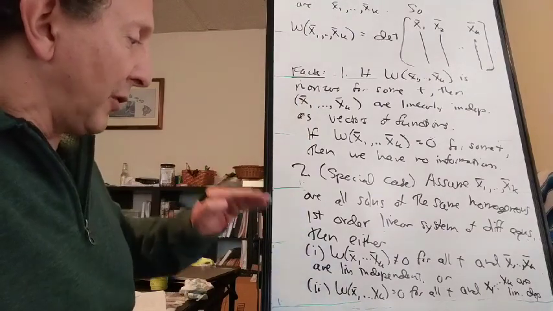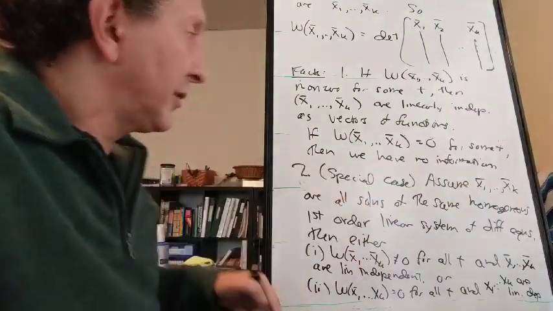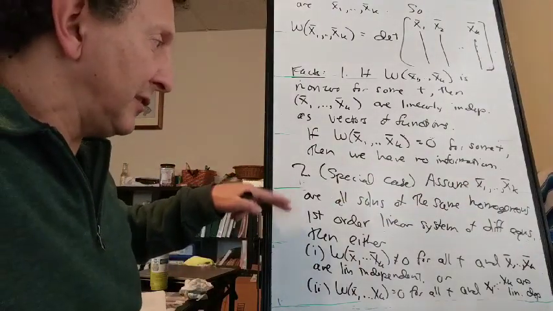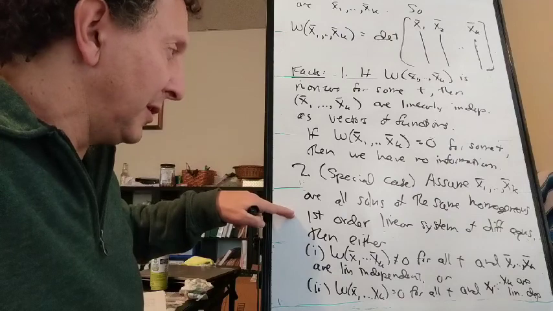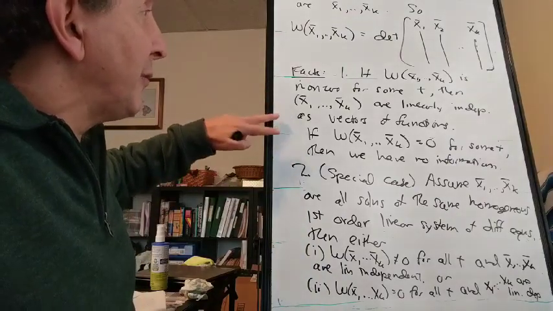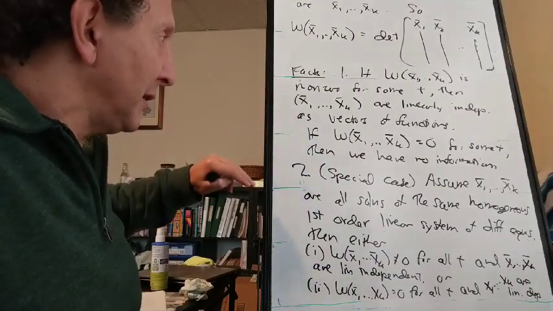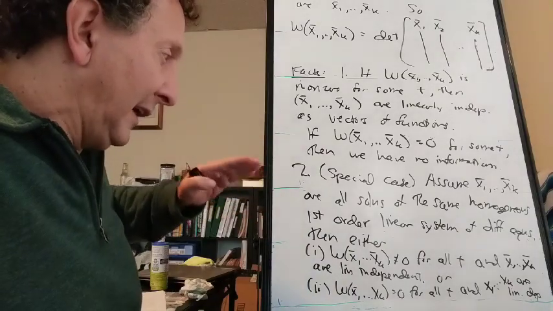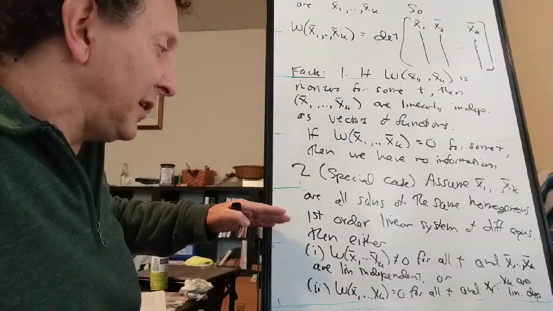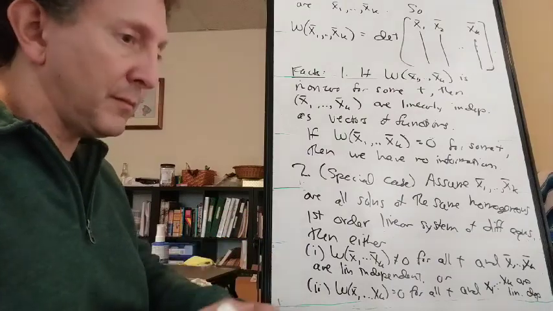So again, we get a nice test with a yes answer or a no answer if we know that these function vectors are solutions of the same homogeneous differential equation, really a system of differential equations. If we don't know where these vectors of functions come from, then we've got a test with a yes possibility and a maybe possibility. So let's do an example.